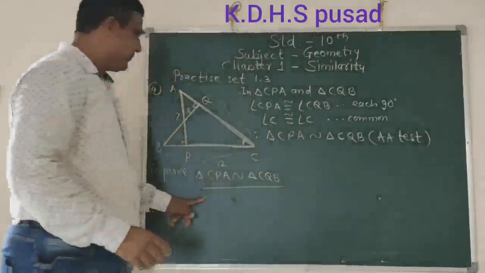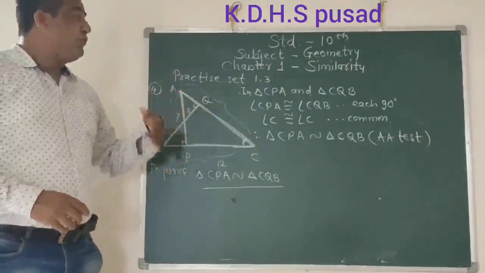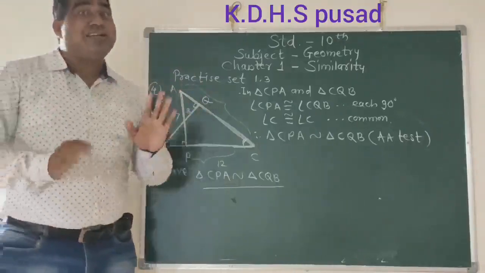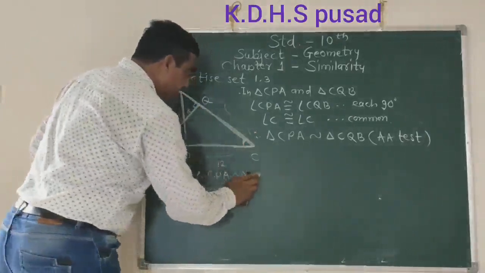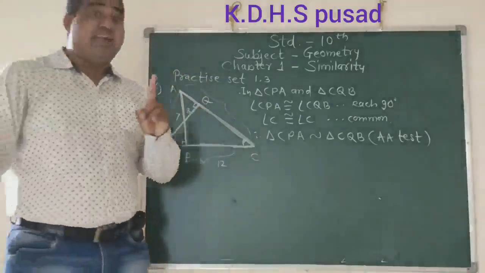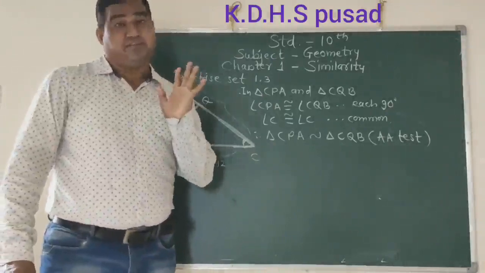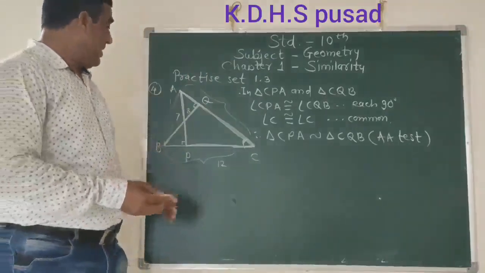Now your question is to find the value. As we have studied in standard 9, if two triangles are similar, then their corresponding sides are in proportion. When two triangles are similar, their corresponding sides are in proportion.